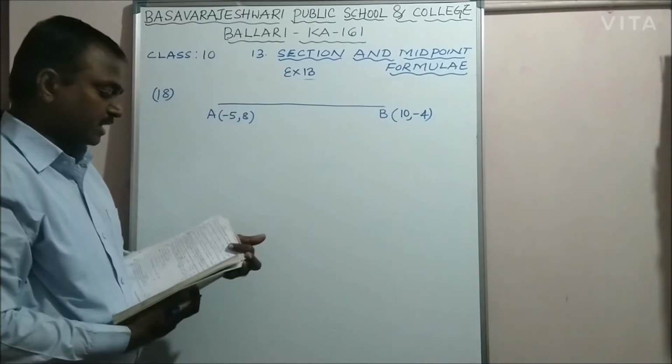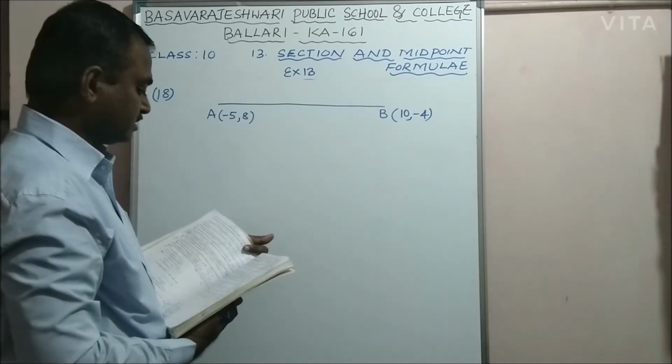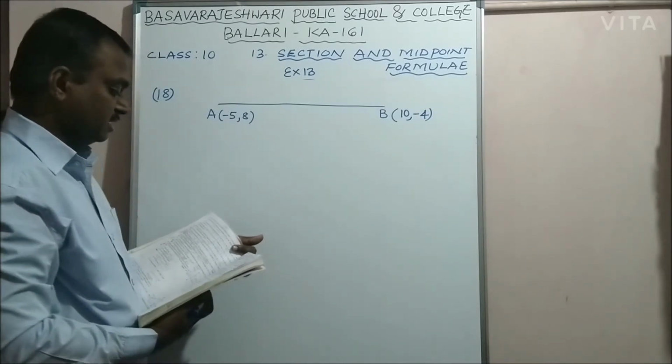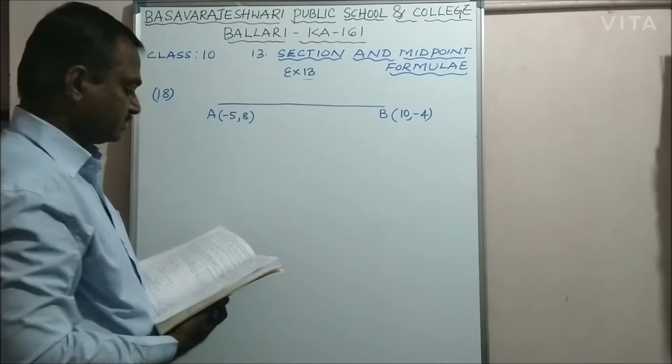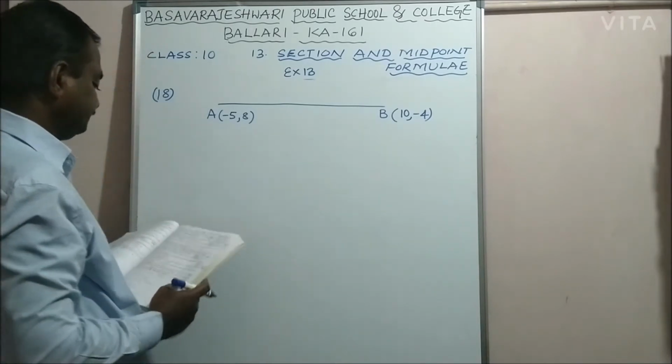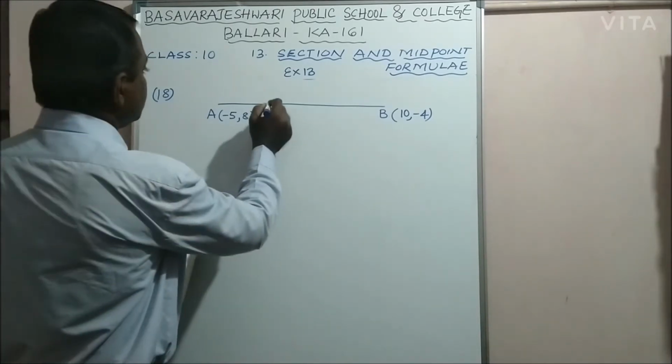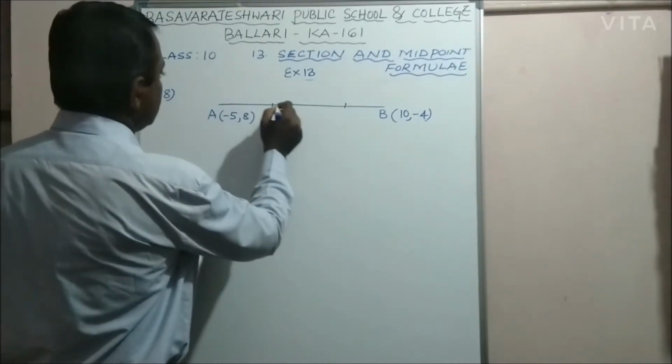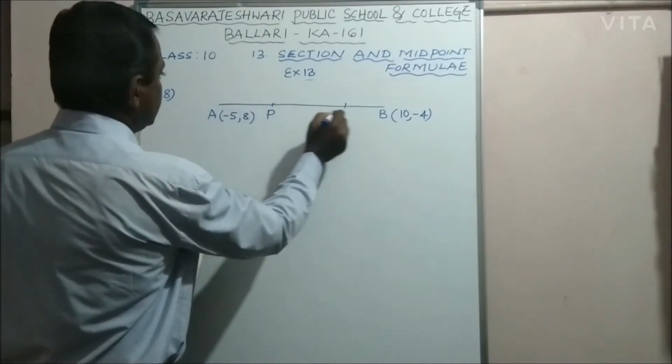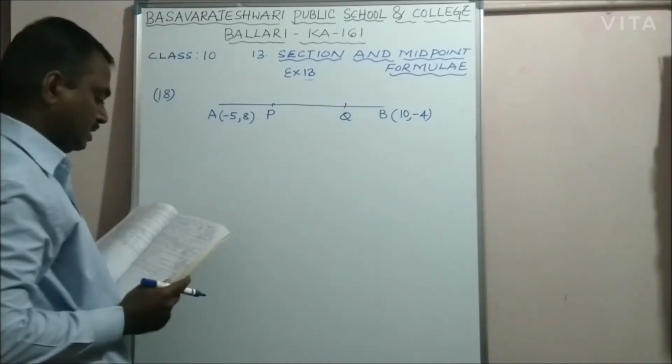It is trisected by the coordinate axis. Suppose this is P we can say, this is Q we can say.